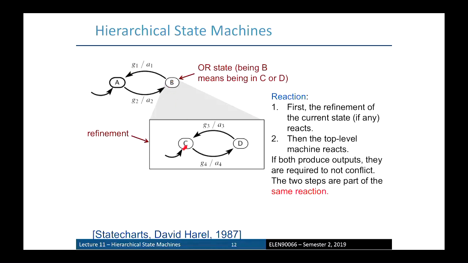Okay, so if we're in B, we're in C, and let's say that both G1 and G4 are present. So this guard is enabled, and that means that guard is enabled here. What do we do? Well, clearly we have to produce output A4 according to that transition there, and we have to produce output A1.